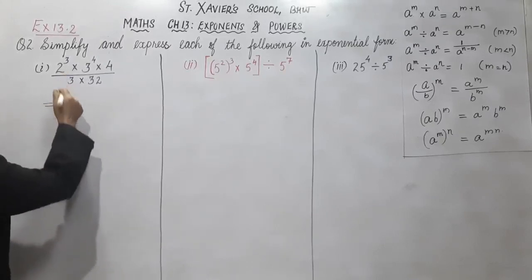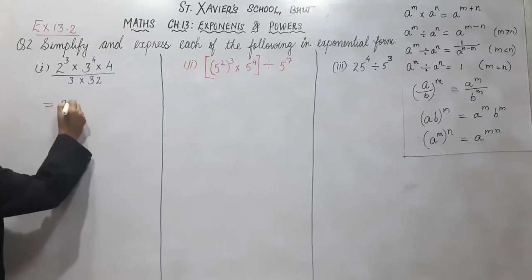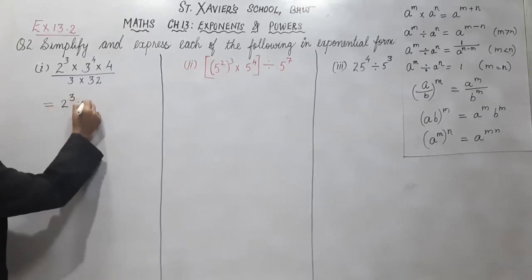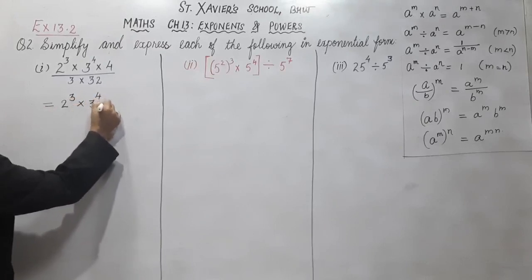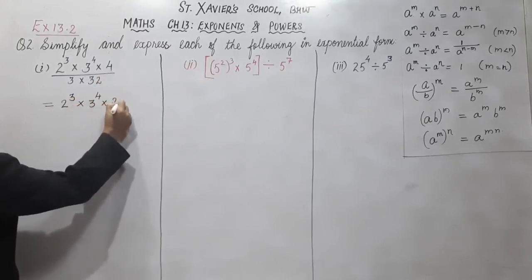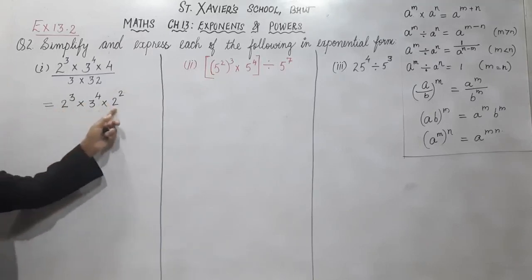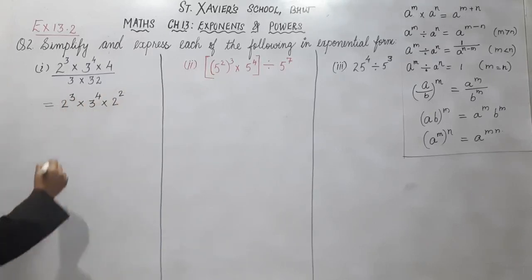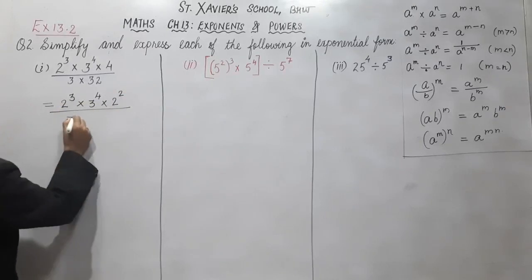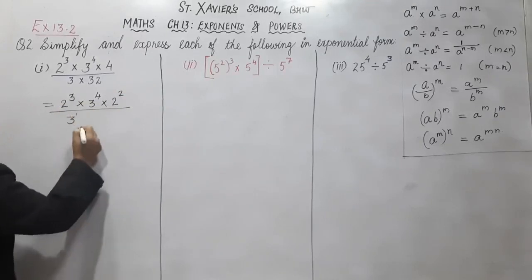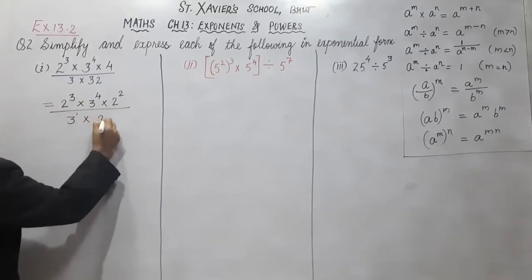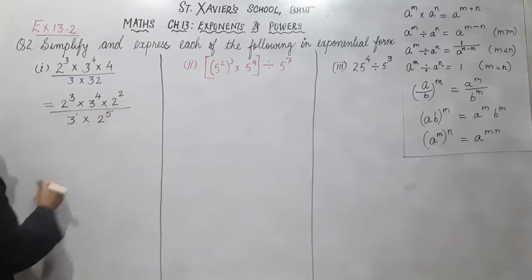So let us write 2 cube into 3 raised to 4. Here we are writing 4 as 2 square, because if the base is the same, then only we can solve it. Upon 3 can be written as 3 raised to 1 into 32 is equal to 2 raised to 5.